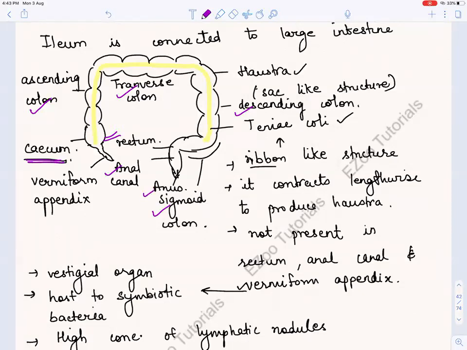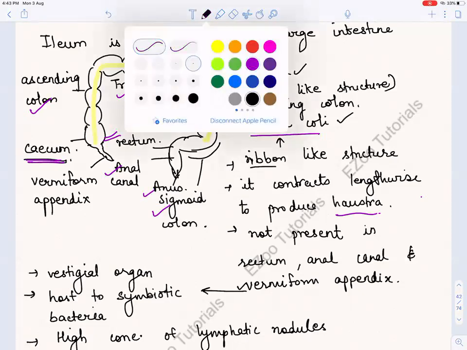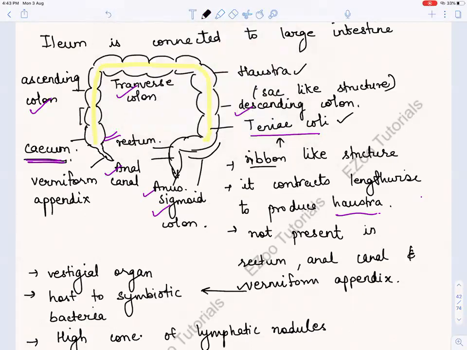What is this yellow thing that I have drawn? This is a ribbon-like structure, the taenia coli. It contracts lengthwise to produce haustra. What are these haustra? These are pouch-like structures, and they give the colon a segmented appearance.